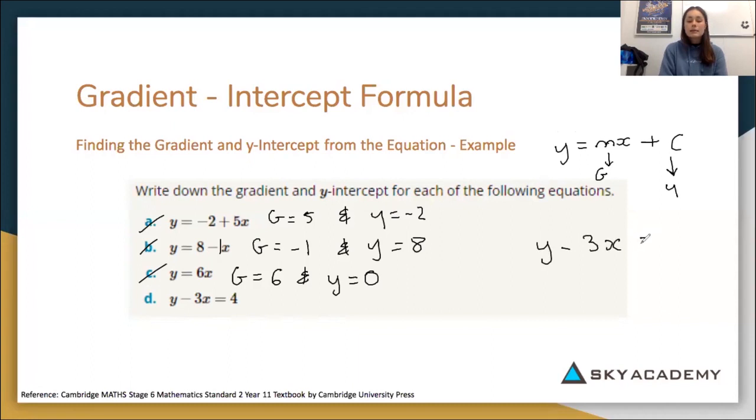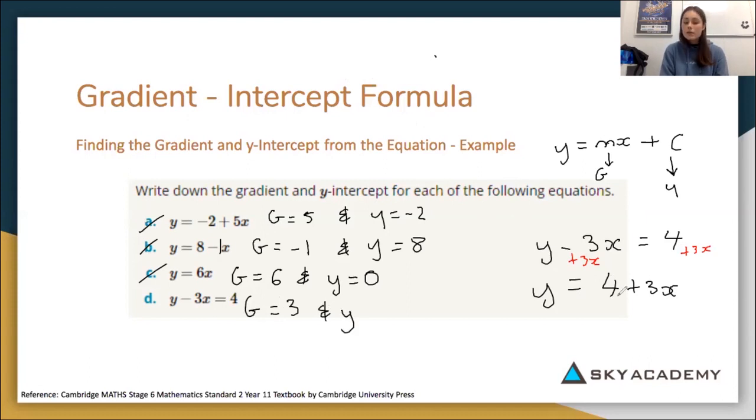We want to get y by itself, so let's add the 3x to the other side. Then we'll get 4 plus 3x. Now that it's in gradient intercept form, we can see that whatever number is associated to the x, which in this case is 3, is going to be our gradient. And whatever is hanging by itself is going to be left over, which is 4.